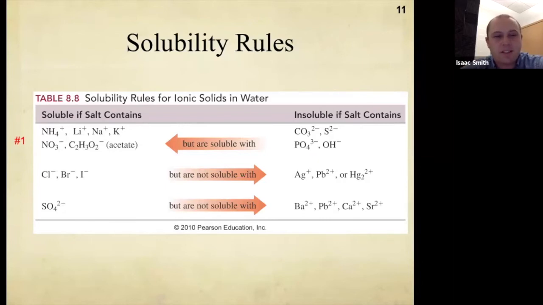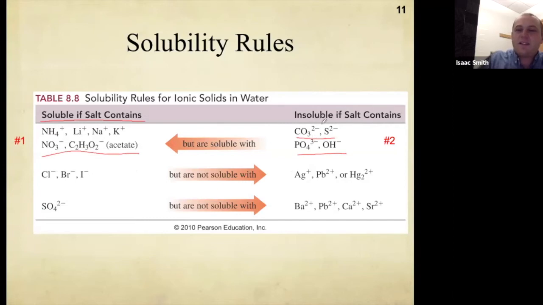An ionic compound is soluble if the salt contains, looking at the left column here, any of these positive cations. There are some exceptions to those that you have to memorize, which are over here. Let me rephrase this. The easiest way to read this chart is to look at this arrow.